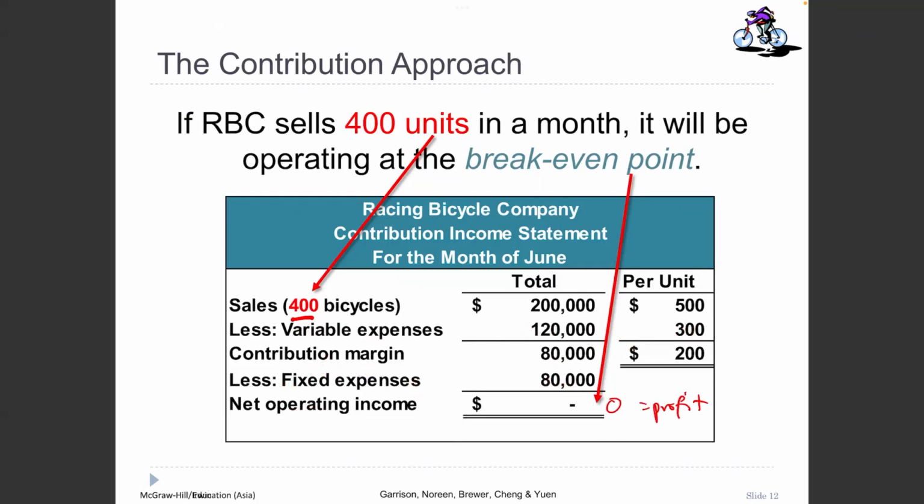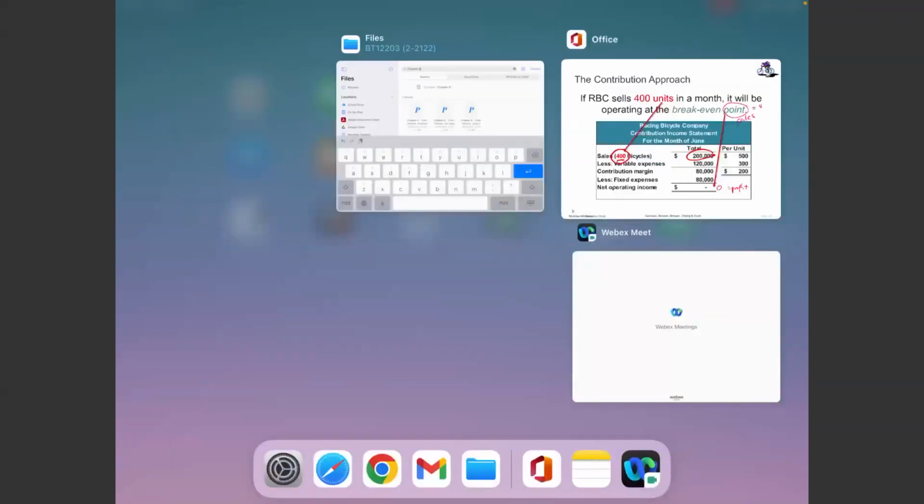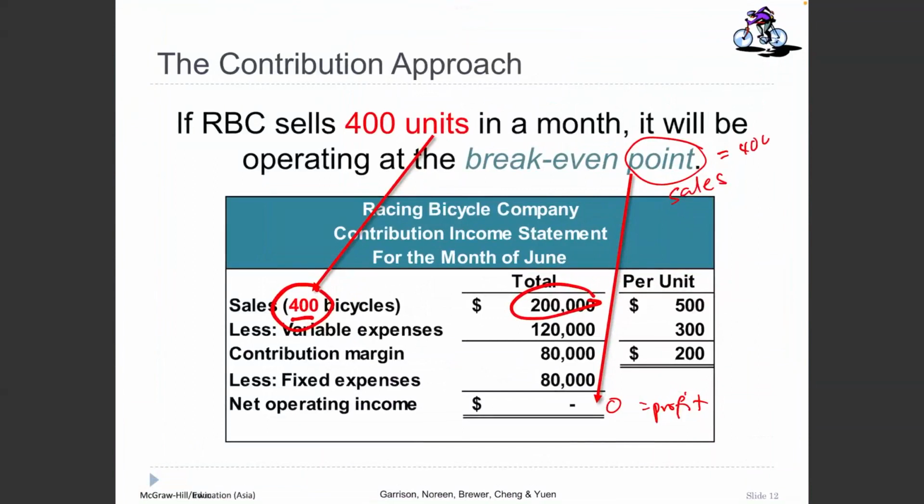So the break even point is at 400 bicycles, 400 units of the product. So the break even sales is $200,000. Break even can be expressed in units, and can also be expressed in sales dollars. So the break even point is 400 units, and the break even sales is $200,000.